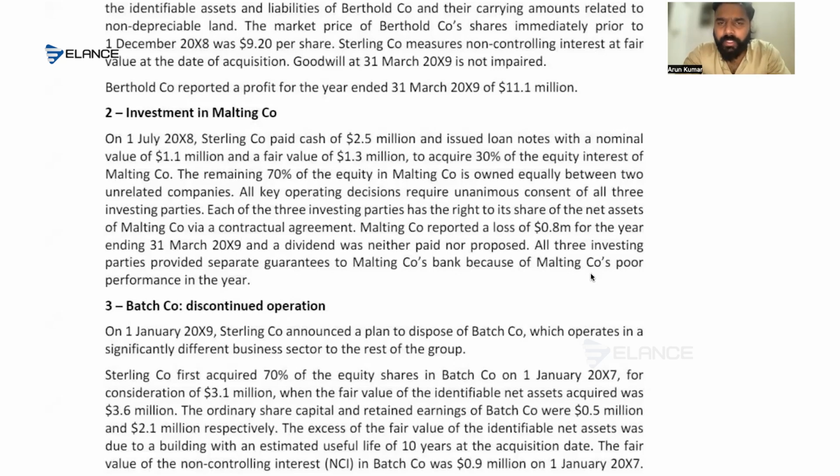Is it a joint operation? Do you think that it's a joint operation or a joint venture? Any doubts on that part? Does anyone feel like it's a joint operation?